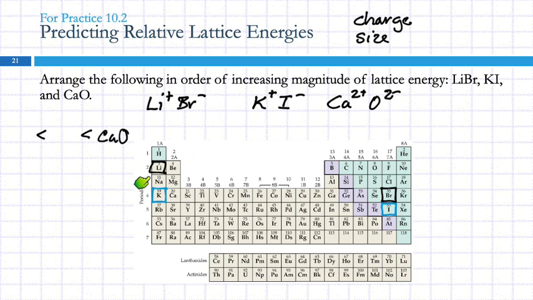Which is bigger, lithium or potassium? Potassium's bigger, right? And here, bromine or iodine, which one's bigger? Iodine's bigger. So the blue ones here, bigger ions. They cannot get as close to each other. These are smaller, they can get closer.